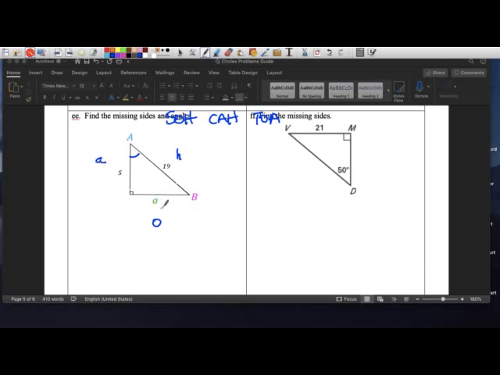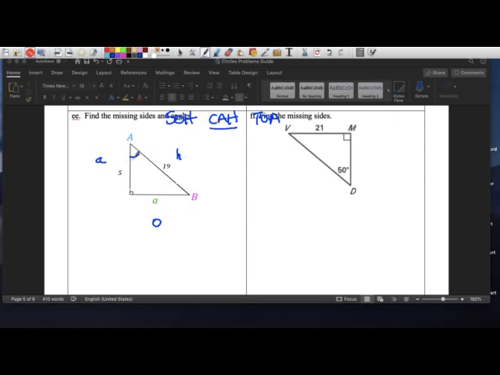In order to find the opposite here, who can I use? Let me rephrase that, because that's not what I meant. I need to find angle A first. In order to find angle A, I can use adjacent and hypotenuse, because those two I have the values for. Adjacent and hypotenuse means I use cosine.